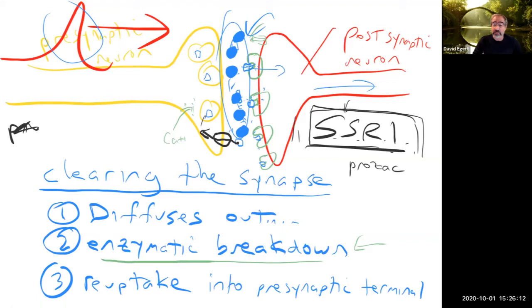But if you're on an SSRI like Prozac, then you block this reuptake, so you end up having an increased amount of the neurotransmitter in there. And exactly why that makes you less depressed is not clear. We know that the direct effect of the drug is blocking the reuptake.